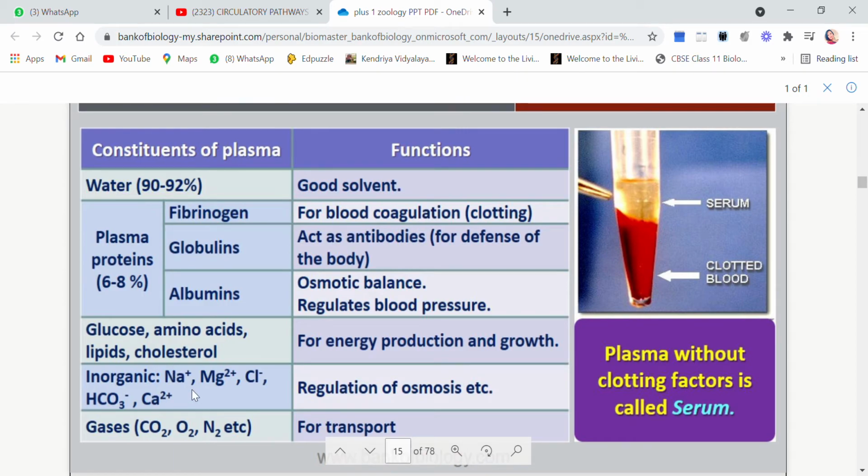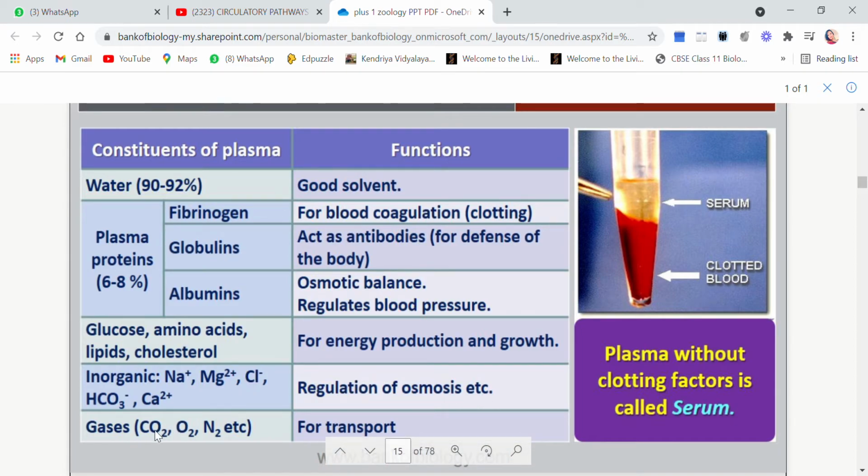If the concentration of ions on one side of the membrane is high and on the other side it is low, then osmosis will occur and the exchange of ions from one side to the other will take place, and this is how osmosis is regulated.